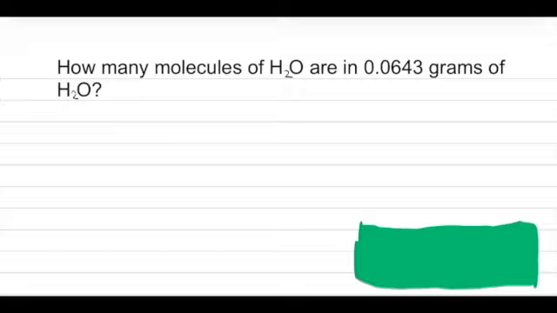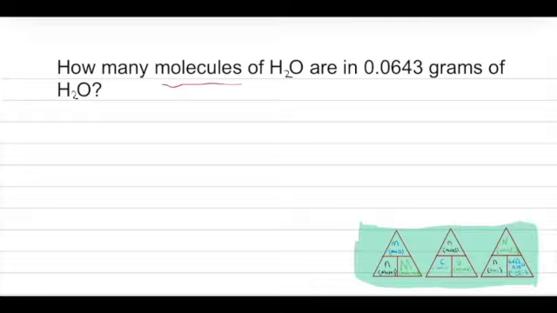Next question. I'd recommend you pause and try and solve it yourself, but if you don't want to, that's also fine. The question is, how many molecules of water are in 0.0643 grams of H2O? We need to use two formulas here. That's a hint. So, first things first. We want to find how many molecules that is, right? Let us see the triangles.